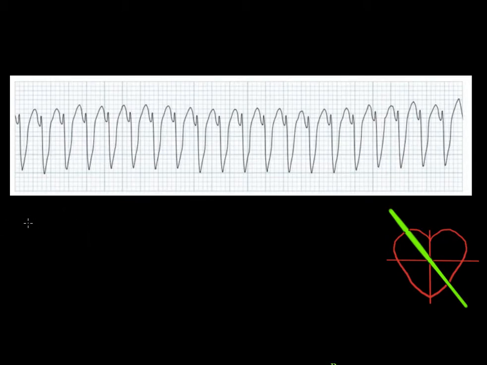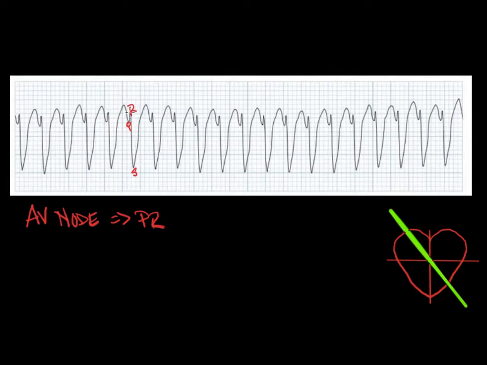So the next thing that we would be looking at is the AV node, and that would be the PR interval. So we do have our waves here. If we look at this complex, this little down portion leads to our Q, this spike would be our R, and way down here would be our S. But as we said before, we don't have a P wave, so we don't really have a PR interval.